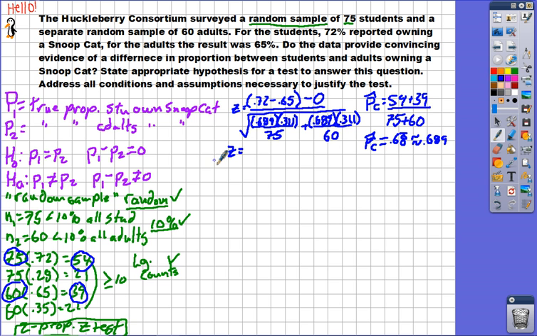Z equals 0.872981 dot dot dot. So we're going to round that. We're going to say z is approximately 0.87. And that's the value we're going to look at in our z table.